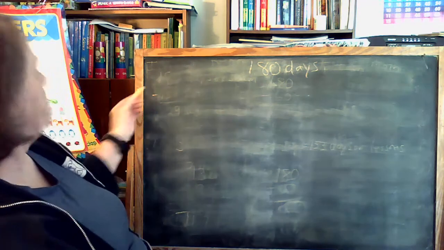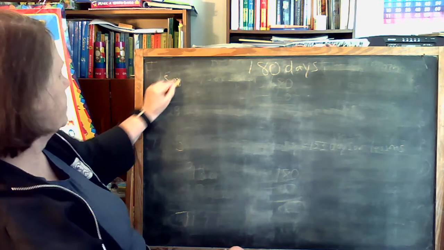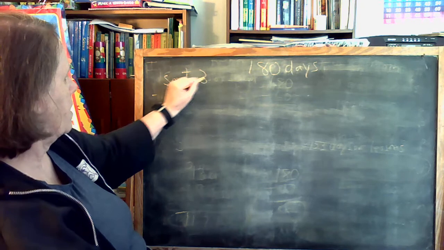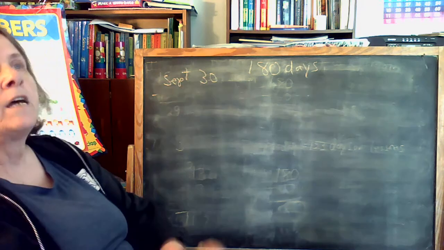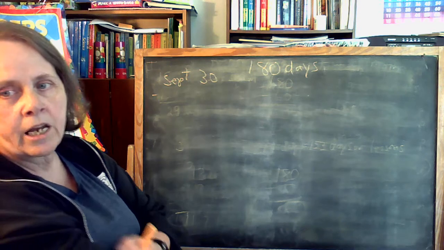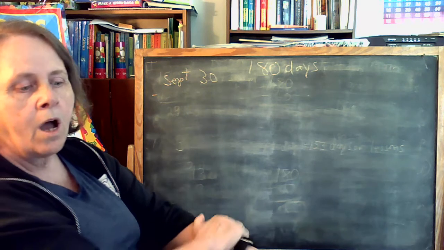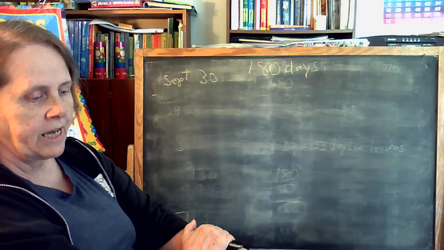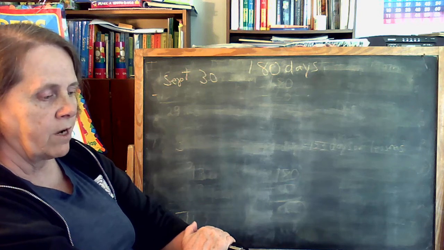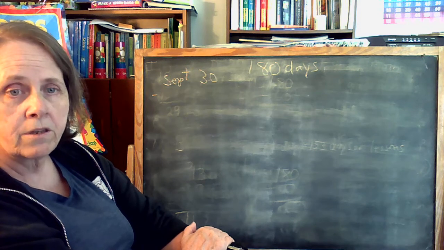We know September has 30 days. And most school years these days start in July and run until the end of June. So, as long as you figure your 180 days anywhere from July 1st to June 30th, you're fine.